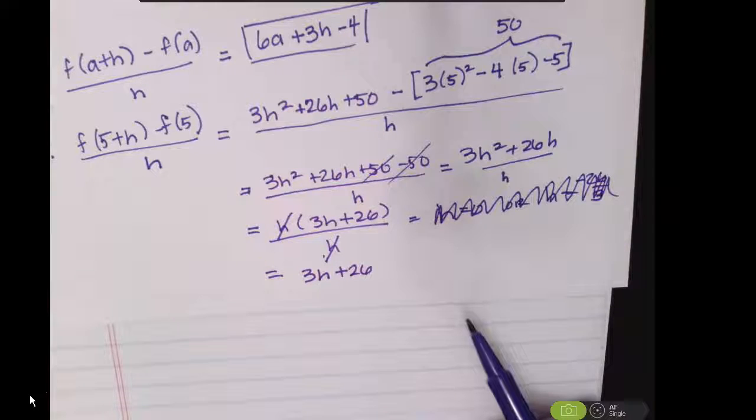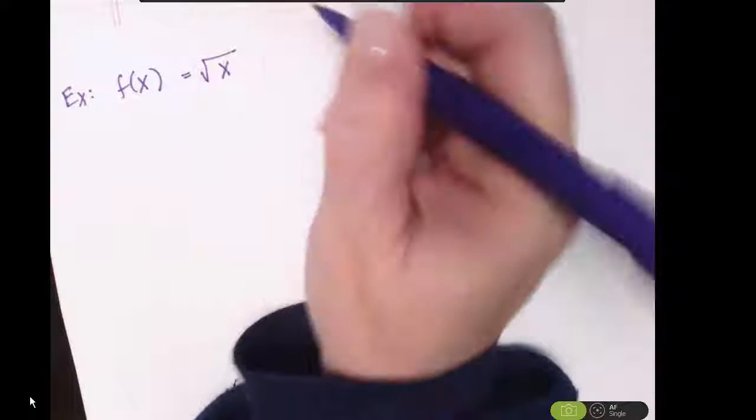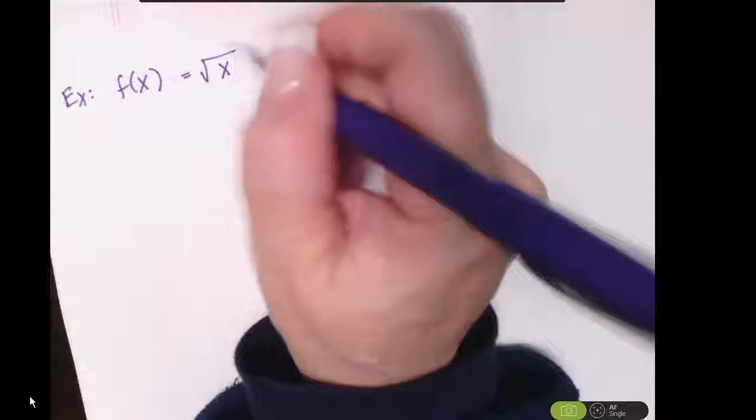Alright, so let's take a look at some other more complicated functions besides just that little quadratic there. So we're going to start with a radical function. So in this example, our function f of x is the square root of x, and I want to do a difference quotient.